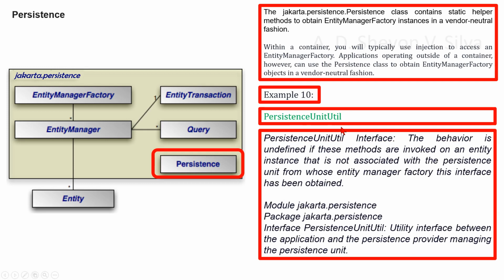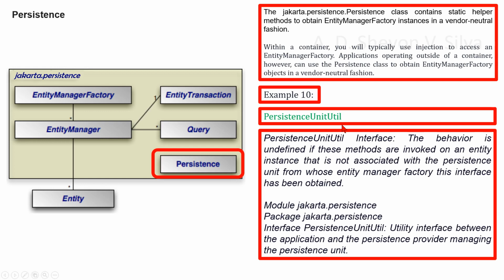Now we are considering the PersistenceUnitUtil interface. The behavior is undefined if these methods are invoked on an entity instance that is not associated with the persistence unit from whose entity manager factory this interface has been obtained.